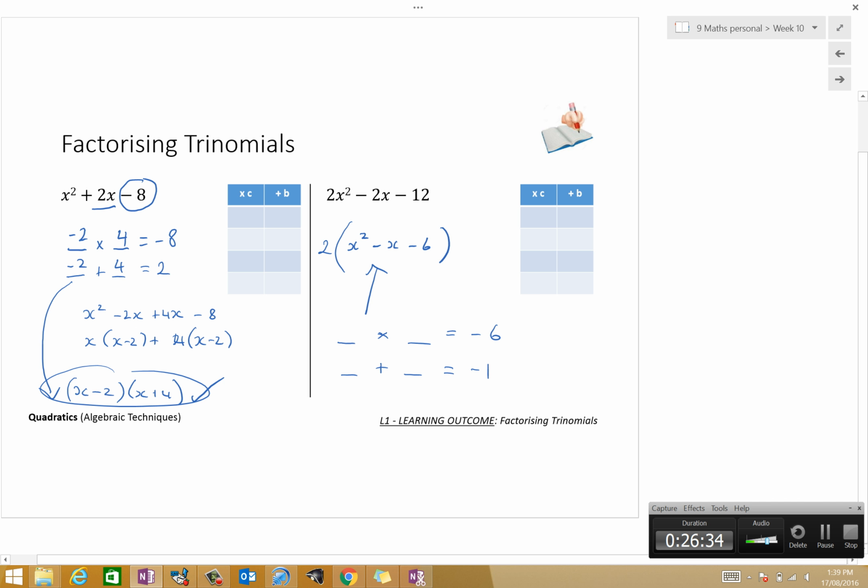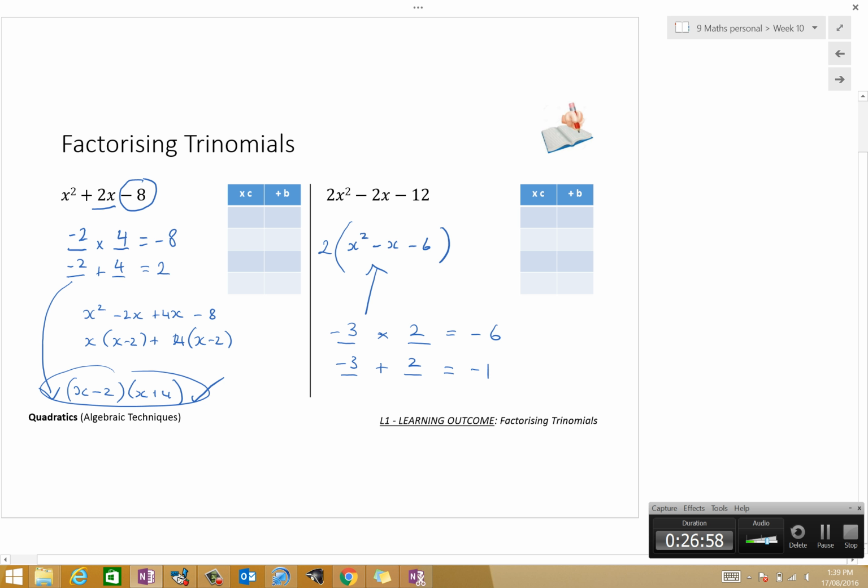What are those two numbers? Negative 2 and 3. And positive 2. Yeah, it's the other way around, because negative 3 plus 2 is negative 1.